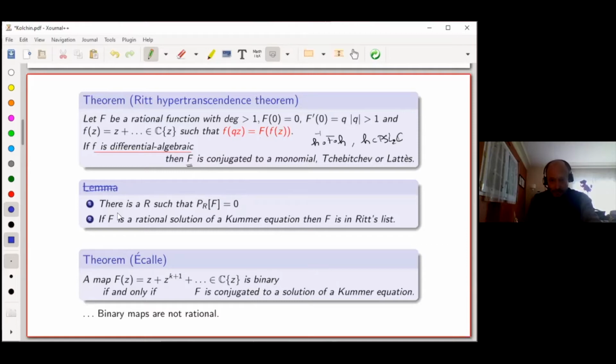And then you study directly this problem, and you can find all the rational solutions of the Kummer equation. The rational solutions of the Kummer equation are given by Reed's list. There are no more.